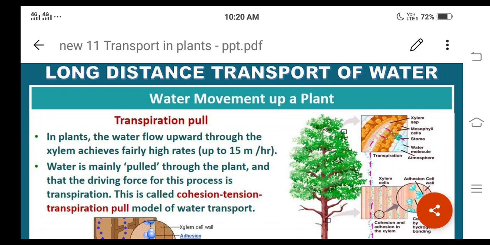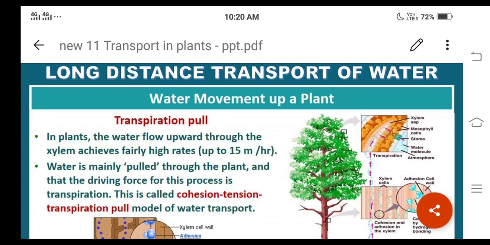Due to transpiration there is the development of a force called the transpiration pull. Because of this we call this entire concept the cohesion tension transpiration pull model of water transport.